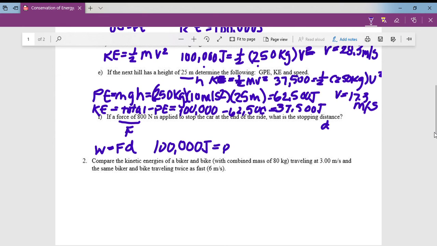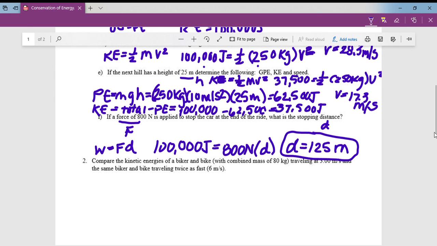There's a force of 800 newtons being applied to it. So once it gets to 0 joules, we'll have this distance. 100,000 divided by 800, our distance is 125 meters. That's how long it took to stop.